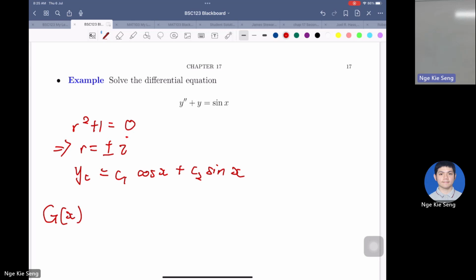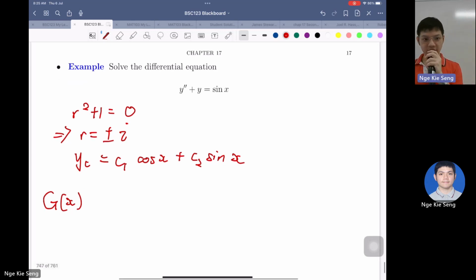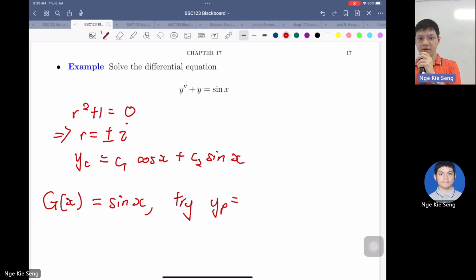Multiply by x. And then we also can multiply cos x and sin x with x. So we try yp equals ax cos x plus bx sin x.